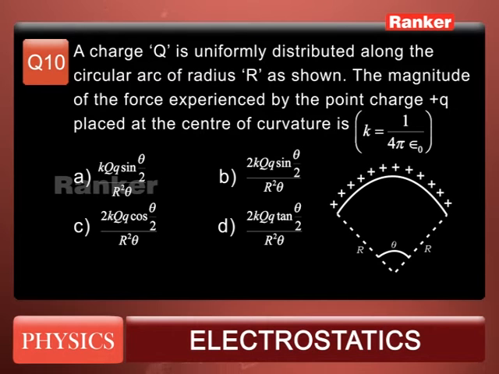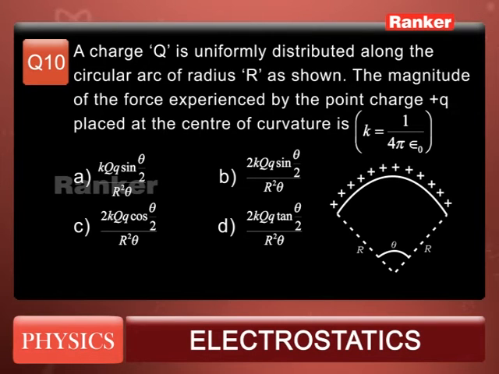The magnitude of the force experienced by the point charge plus Q placed at the center of curvature is how much? He gave the constant of proportionality in this particular case as 1 by 4 pi epsilon naught.